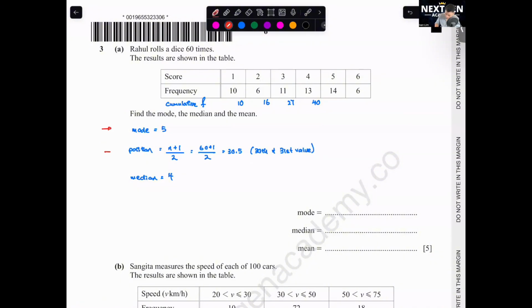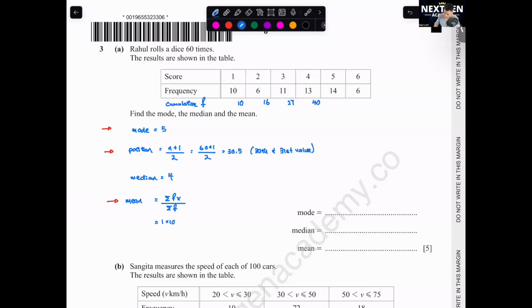So this is the first one. This is the second one. The third one, mean. The formula of mean is sum of fx over sum of f. Sum of fx, you take all these values, multiply, then add up together.